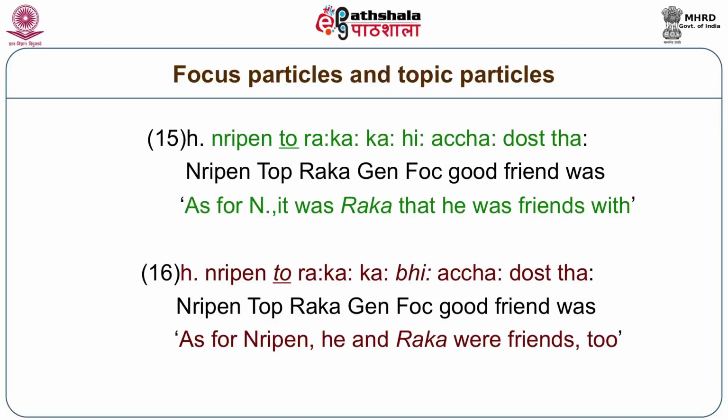To present the whole picture to you, we need to illustrate also the associative particle. This is done in 16B for Bangla and 16H for Hindi Urdu. The meaning is, as for Nripen, he and Raka were friends too. Nripen to Raka ka bhi acha dost tha in Hindi, and Nripen ke to Raka bhalo chinto in Bangla.